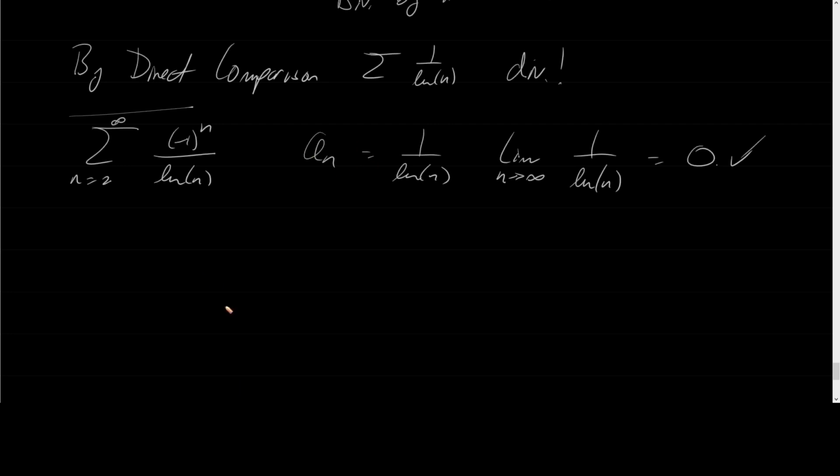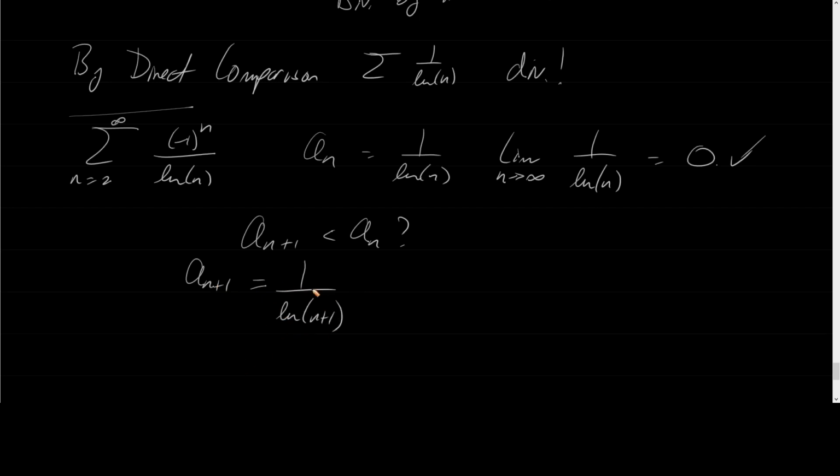And now, let's see, is this a decreasing sequence? Right? So let's see what happens here. What's a sub n plus 1? A sub n plus 1 would be 1 over ln of n plus 1.